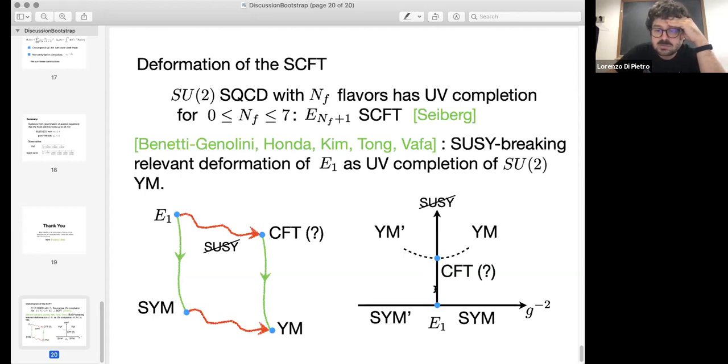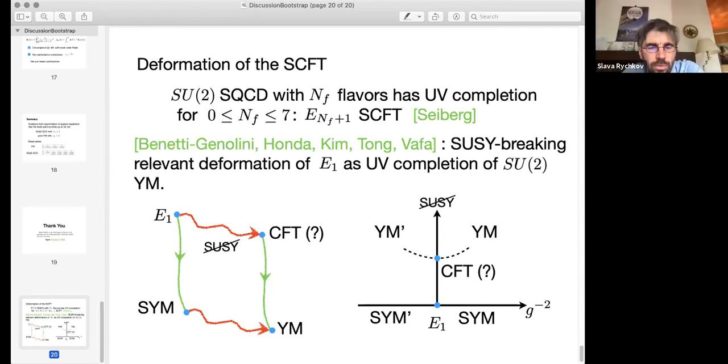As far as I understand, they don't give a lot of evidence that this transition should be second order. They just say there should be some kind of transition, but okay, that's the proposal. That's as much as I understand of it.